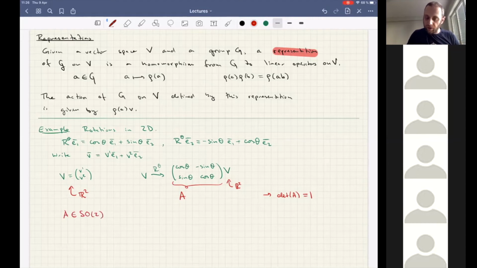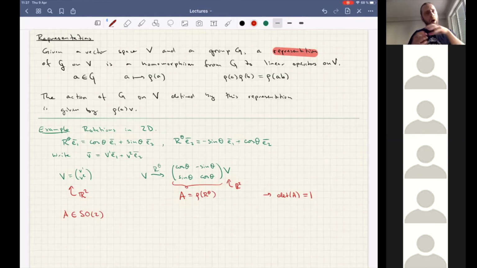So in general, we're going to find that pure rotations in n dimensions are isomorphic to SON. So this is actually a map from the more abstract group of rotations in 2 dimensions to the matrix group SO2. This A here is actually the representation of the 2-dimensional rotation by theta.